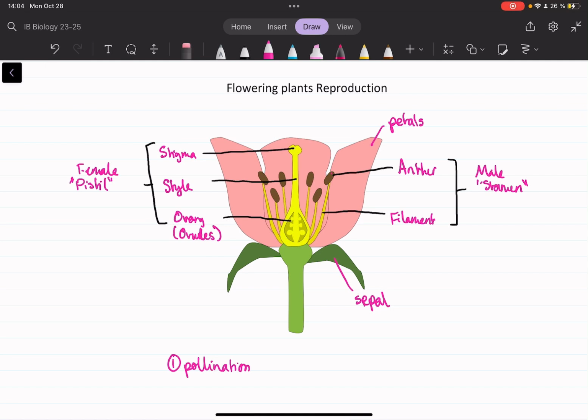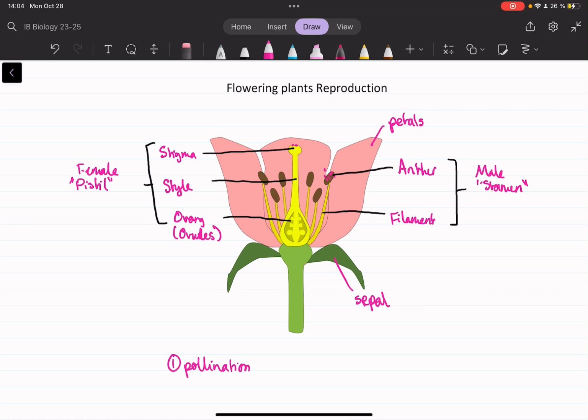There's self-pollination and there's cross-pollination. And pollination is essentially just pollen being placed onto the stigma. So let's say this flower develops a bunch of pollen on its anther, and then that pollen moves onto the stigma. That is essentially pollination.